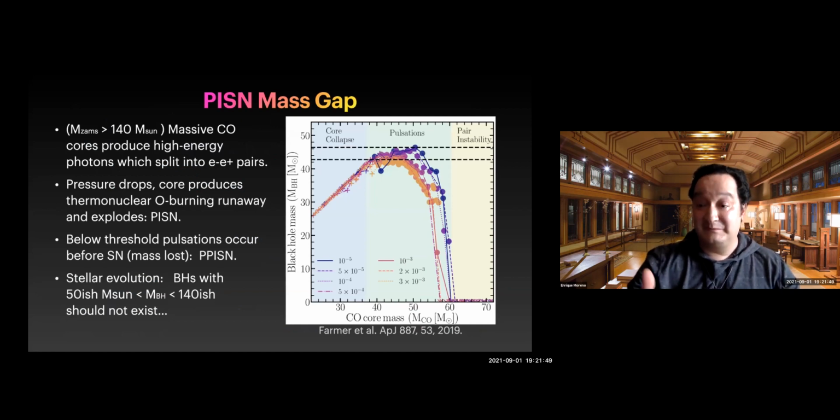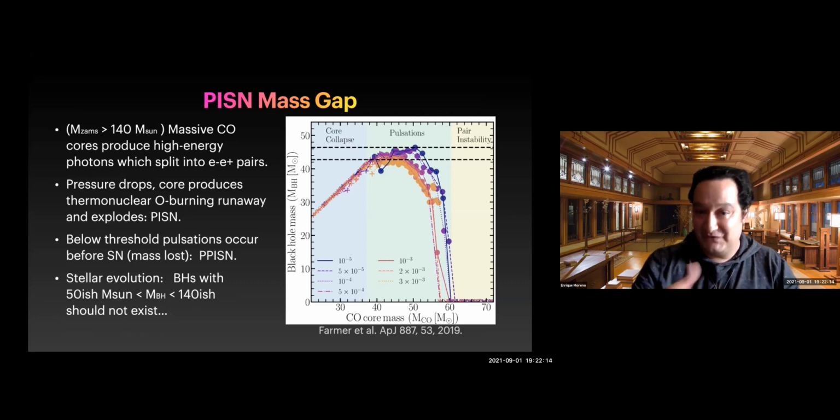And when this happens, the radiation pressure from the photons drops, and these carbon-oxygen cores collapse. They heat up as they collapse, and they turn on a runaway thermonuclear process that disrupts the whole star, and there's basically no compact object left behind.